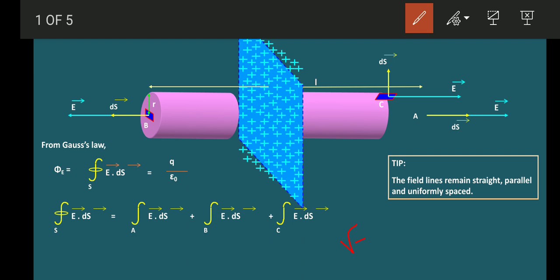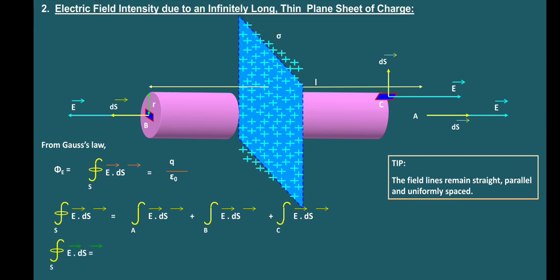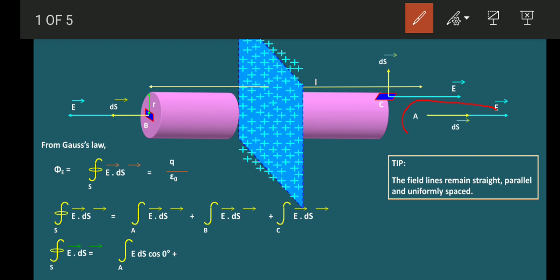That is E dot ds is equal to E ds cos theta. That is what I told you in the last class. So this integration can be further written: the integration over surface A is equal to E ds cos theta, where theta is equal to 0.